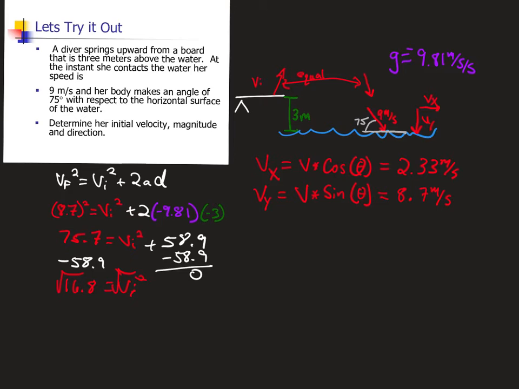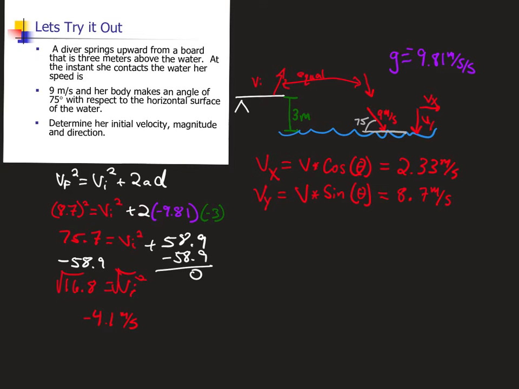Take the square root of not that, but that. About 4.1. Actually, it should be negative 4.1 meters per second. So now we know the initial there.